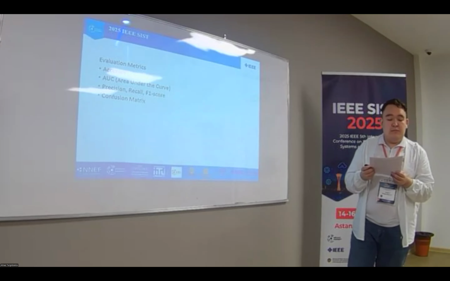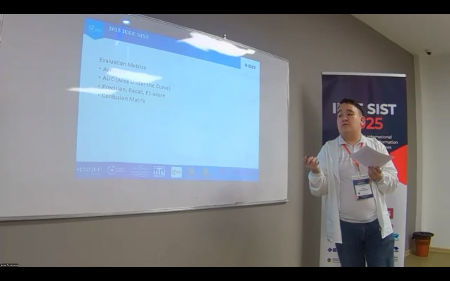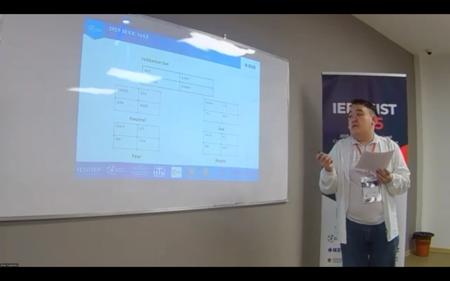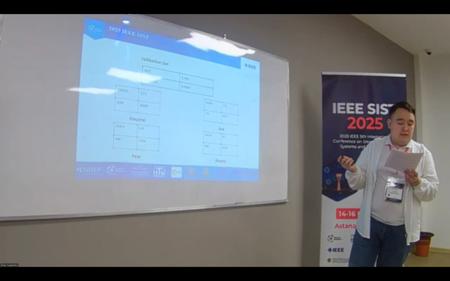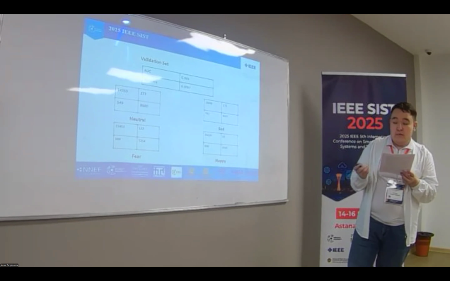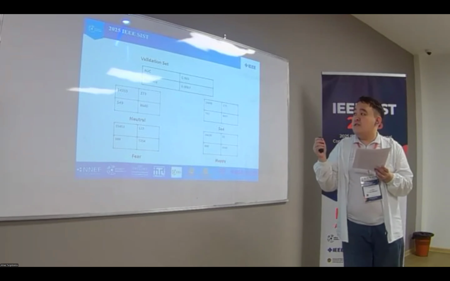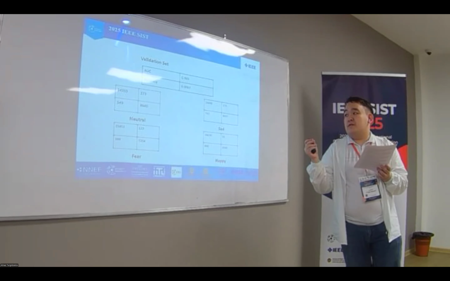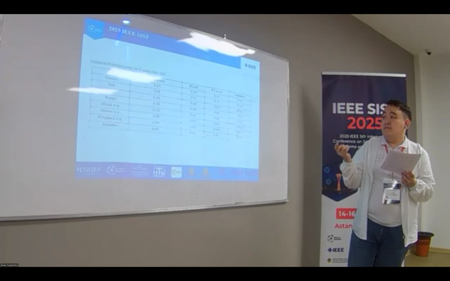Here are our evaluation metrics. We have accuracy, area under the curve, precision, recall, and confusion matrices. Now let's go to the results. Here is our validation set result. For example, in the validation set, accuracy is 0.96 and another metric is 0.91.